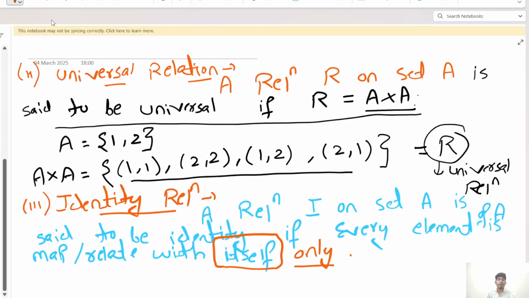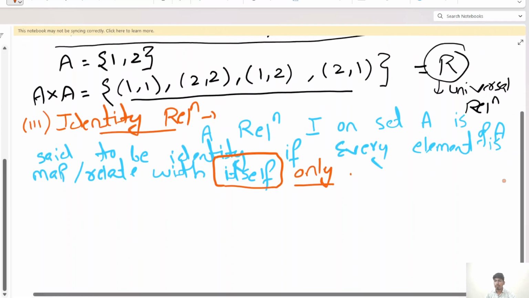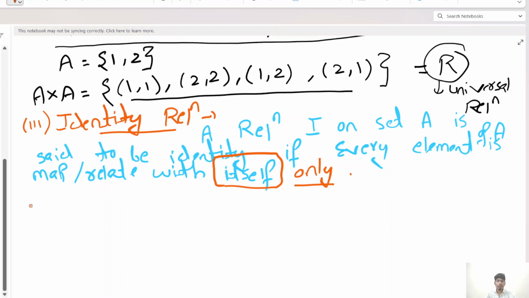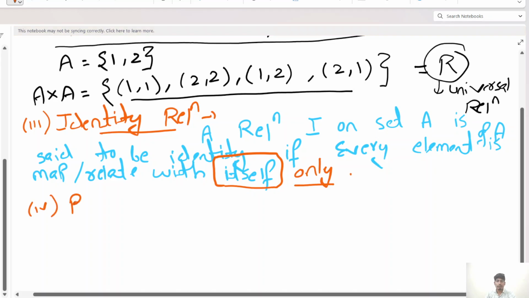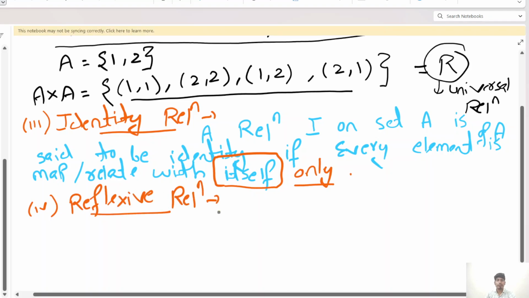Let me define one more, then I will give the difference between identity and reflexive. Let me define reflexive relation first.